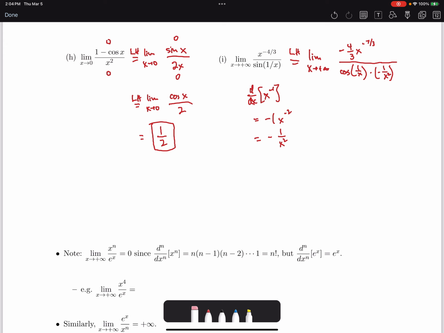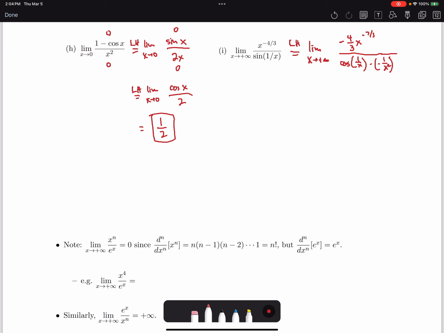Okay, let me erase this. Let's see if we can clean this up a little bit. I'm inclined to want to move this piece by kind of flipping and multiplying. So let's do that, right?